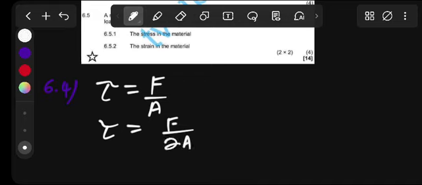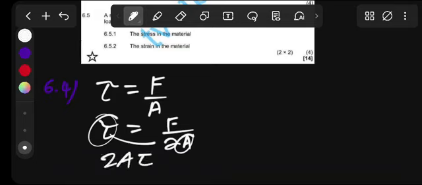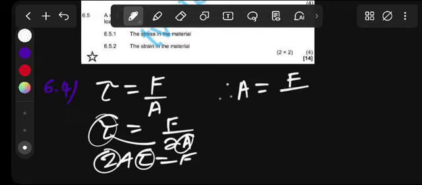Making area the subject, you multiply: 2A multiplied by shear stress equals force. You divide by these two, and the area will be force divided by 2 multiplied by shear stress.